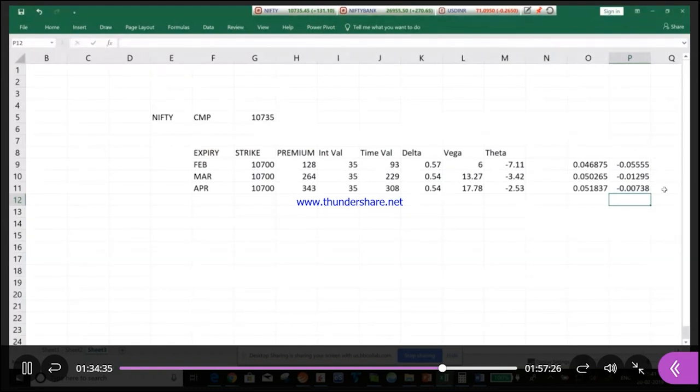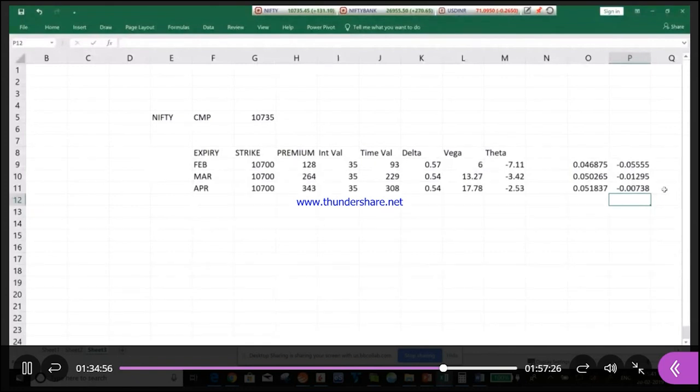Yes, from premium. So when one day passes, the Feb series will lose 5%. The March series will lose about 1.3%. And the April series will lose less than a percent, that is 0.7%.